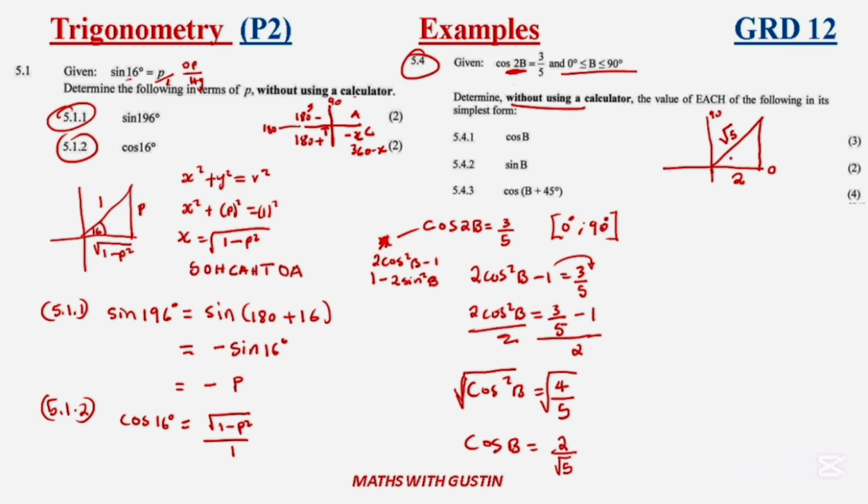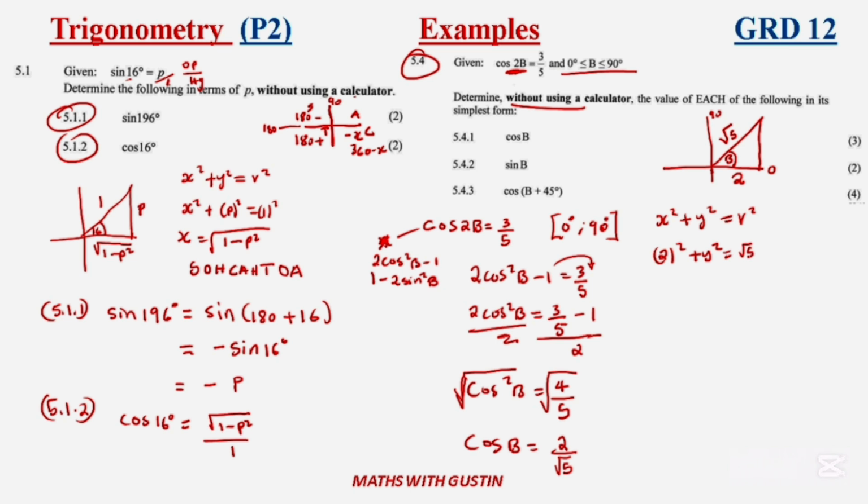So in this case what we don't have is this side here, which is opposite. So we can go ahead and use Pythagoras' theorem to find the other side, similar to the way we did on the previous question, just with different values. Here we are looking for the opposite.